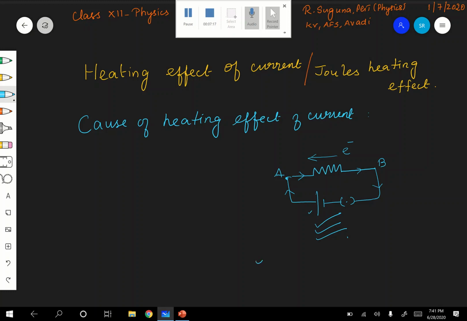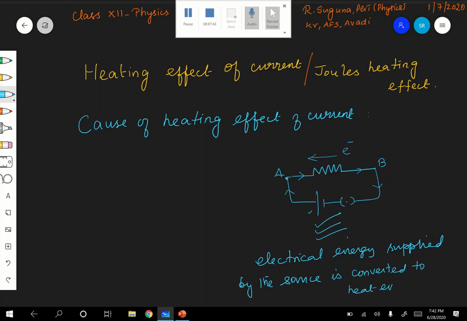Therefore, this electrical energy supplied by the source is converted to which energy? Heat energy. Are you following? So that is the cause of the heating effect.